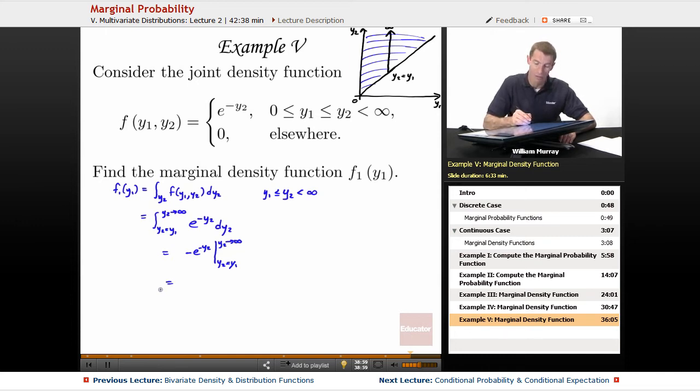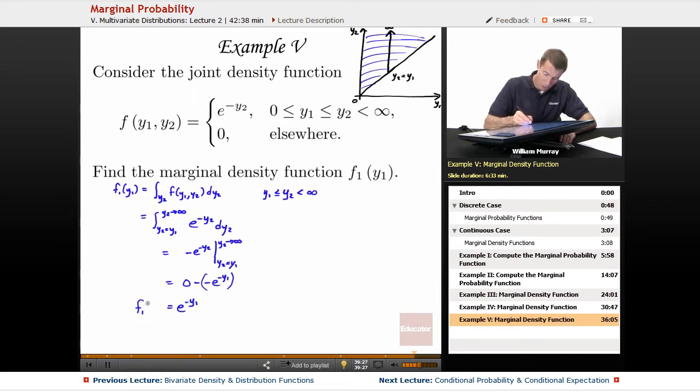Now if I plug in infinity, that's e to the negative infinity, which means 1 divided by e to the infinity. 1 over infinity is just 0, minus negative e to the negative y1, because I plugged in y2 equals y1. And so that simplifies down to e to the negative y1.